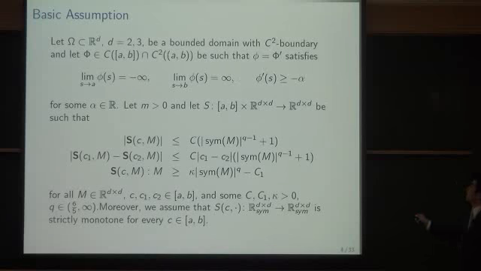Small phi is the derivative of large phi, and small phi satisfies: as s goes to a, it tends to minus infinity, and as s goes to b, it is plus infinity, and phi prime is larger than minus alpha for some real number alpha.